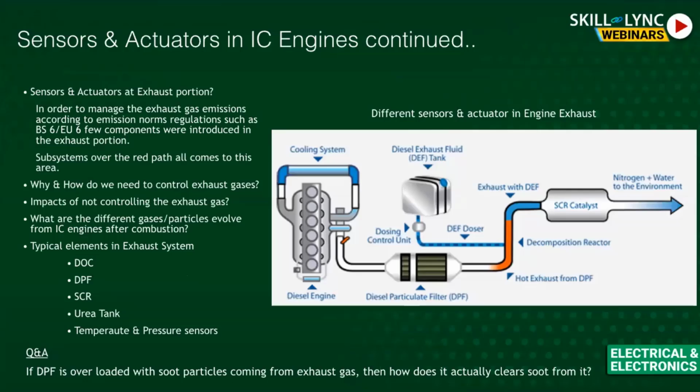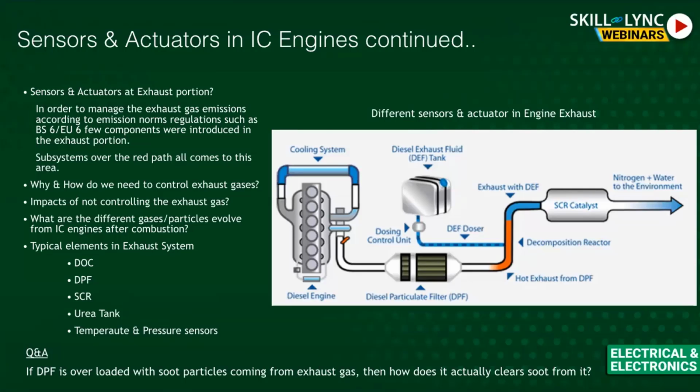And going further into IC engines, what are the different things there? We are talking about the regulations of BS4 and BS6, right? So why exactly do BS4 and BS6 come into the picture? Previously, let us say some 40 years back, there were no regulations. Why were there no regulations? Nobody bothered about environmental pollution. So why are they bothering about it now?